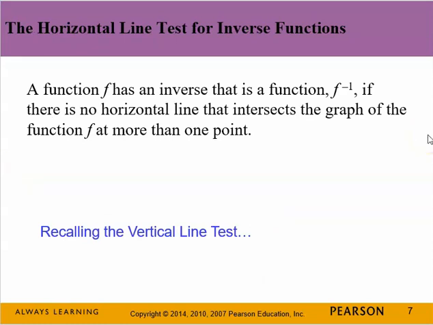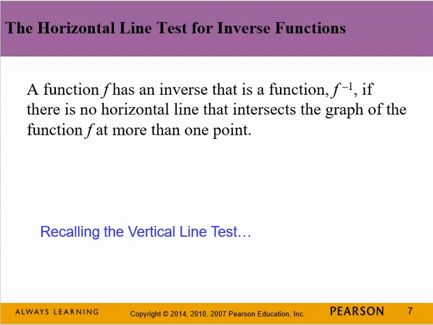Now, first of all, we also have another rule that we need to bring in at this time: is something able to have an inverse? And we say in order to have an inverse, it must have what we call a one-to-one relationship.